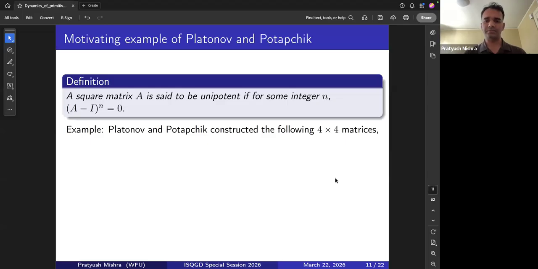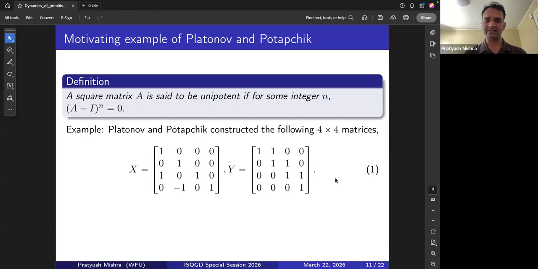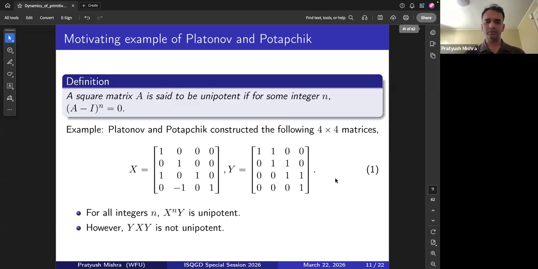Platonov and Potapchik came up with these 4 cross 4 matrices X and Y, and they noticed that X to the power n Y is unipotent. However, Y X Y is not unipotent. If we consider the group generated by x comma y, these elements x to the power n y look like the first step primitive elements, right? So they are all unipotent, but the whole group is not unipotent.